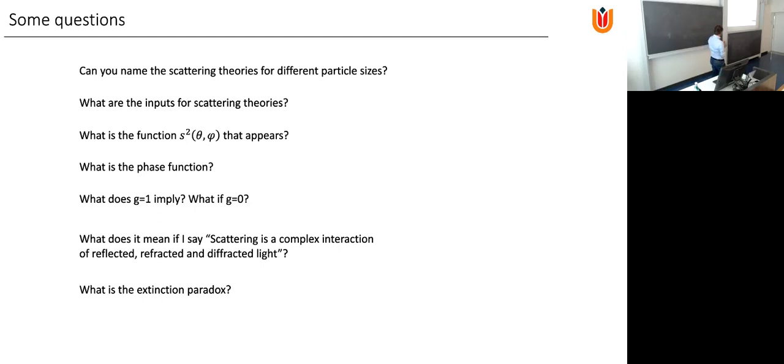If you look at the arguments, theta and phi, do you know what theta and phi represent? They represent the scattering angles, right? One represents the horizontal angle, one represents the vertical angle. If you have light coming in, you have an incoming direction, you have an outgoing direction, and the short angle in between is theta, and the rotation angle is phi.